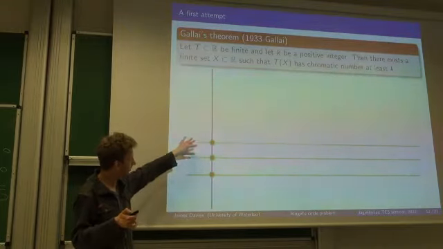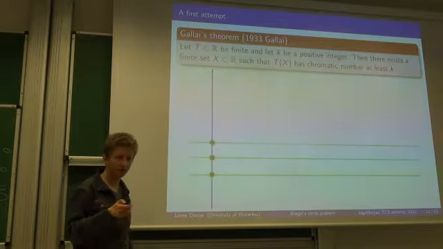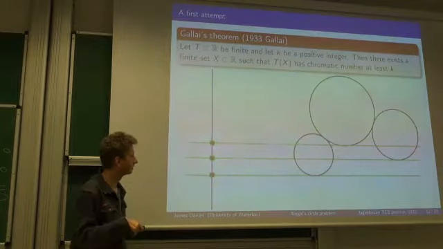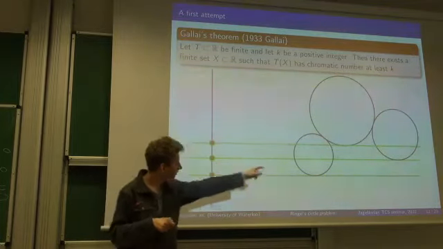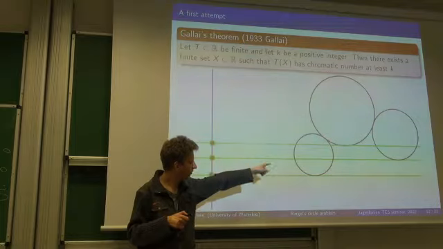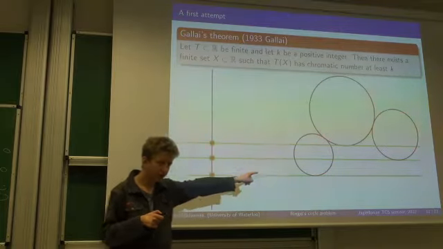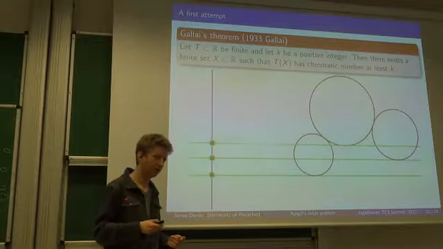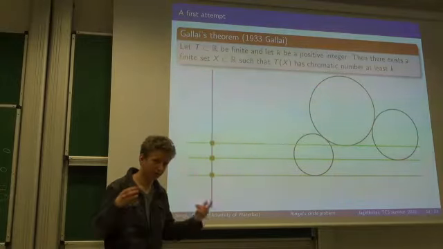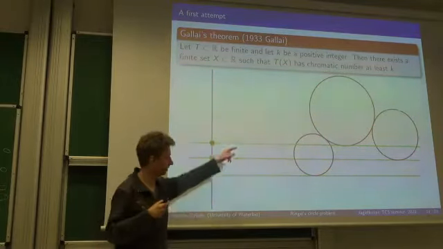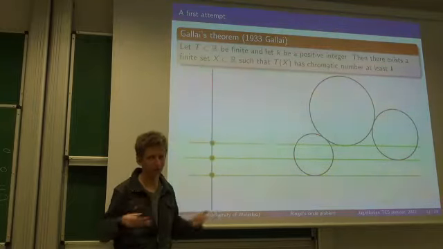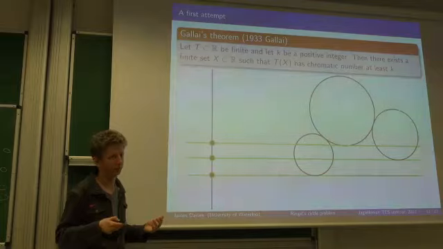So here, for instance, we find these three green ones, all the same color. So a homothetic copy, so we put some gadget on top of it. So now every circle in our gadget is tangent to one of these green lines. We know our gadget's got chromatic number K, so we need K colors to color it. We have K colors available, but we've lost this green color for every circle. So we actually only have K minus 1 colors, so that's not enough. So we bump the chromatic number up by 1.